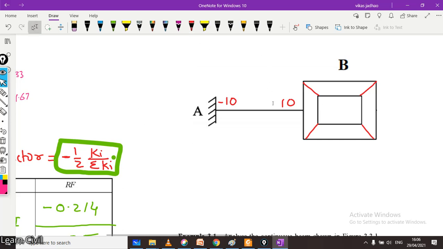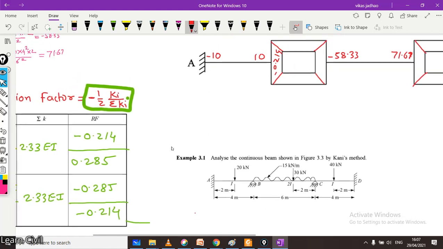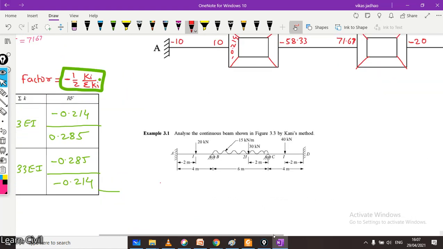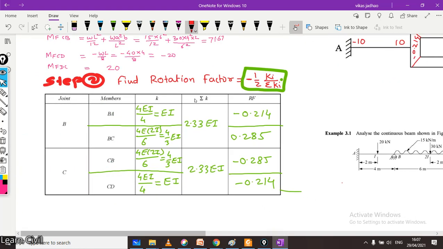So it will be minus 0.214. I'll write down this minus 0.214 here. Next we have to write the rotation factor for BC. The rotation factor for BC is minus 0.285, please check this.